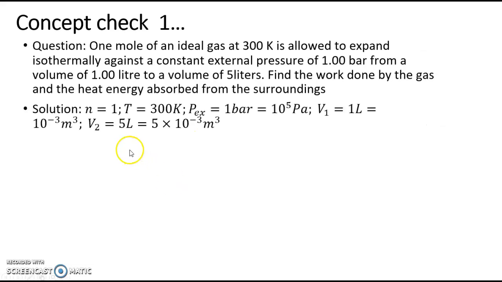It's always a good idea to write out the parameters. 1 mole, n equals 1, temperature is 300 Kelvin, pressure of 1 bar, that's 10 to the 5 Pascal, an initial volume of 1 liter, that's 10 to the minus 3 meter cubed, to a final volume of 5 liters, that's 5 times 10 to the minus 3 meter cubed.